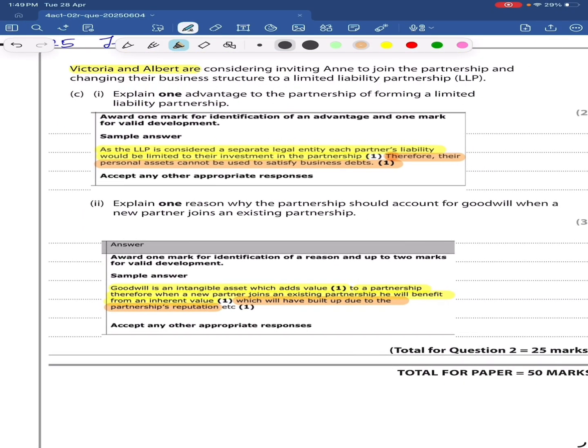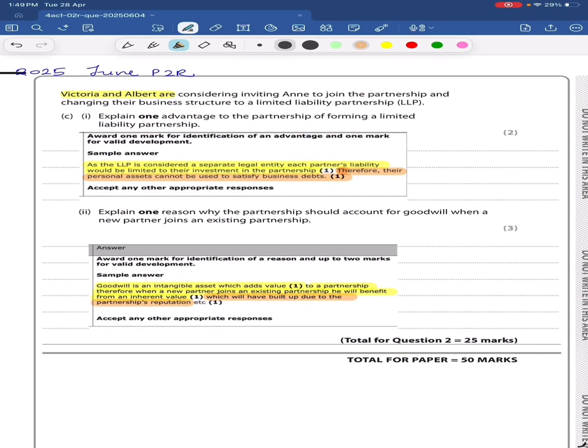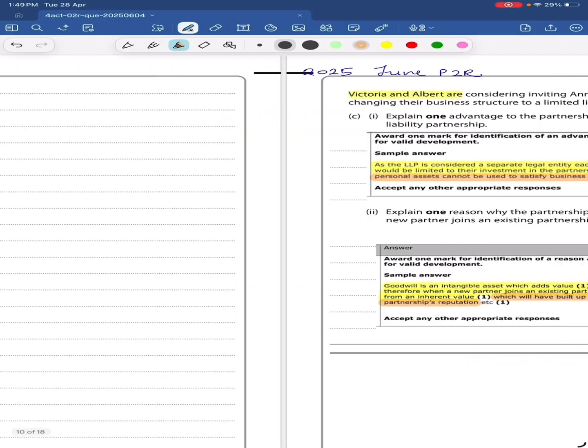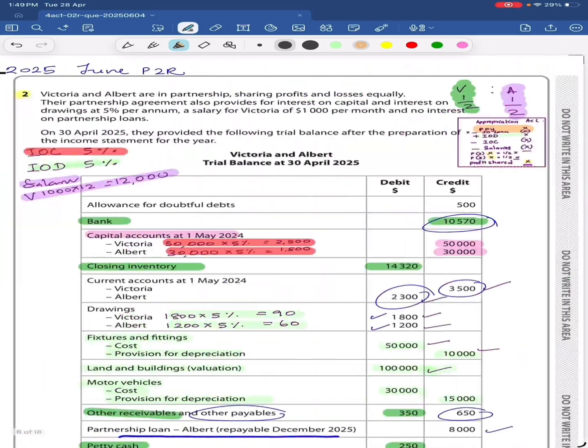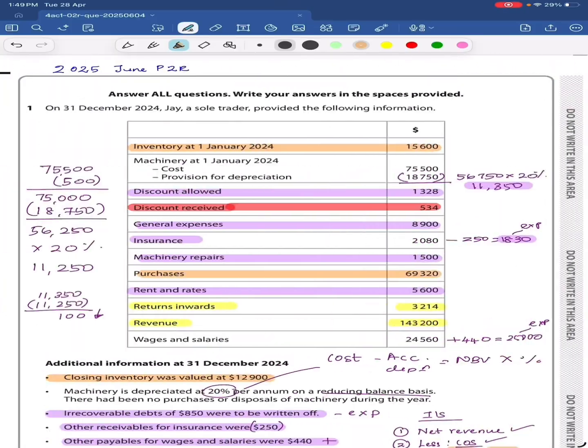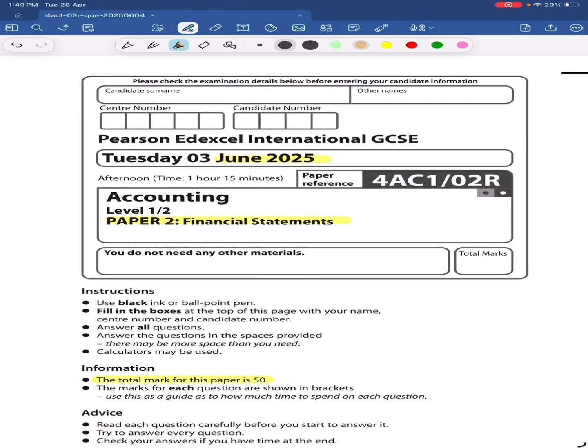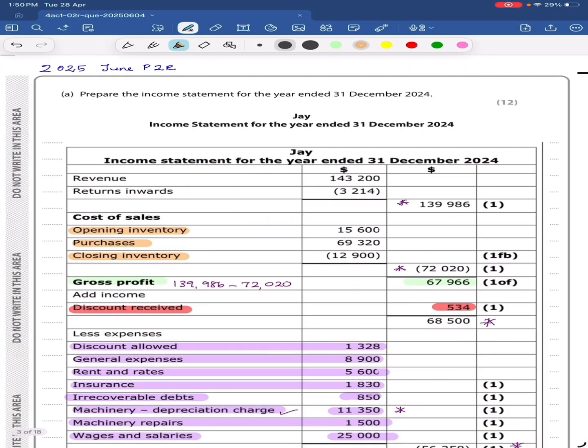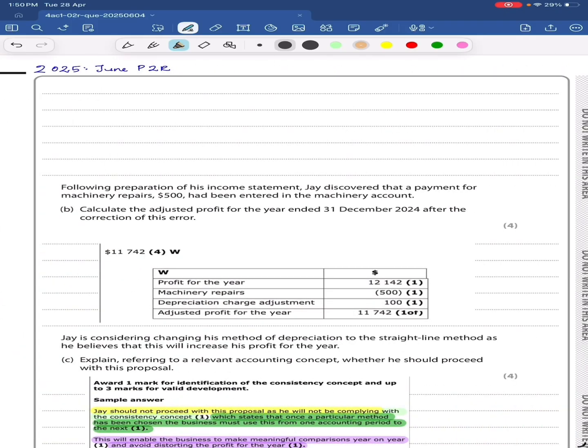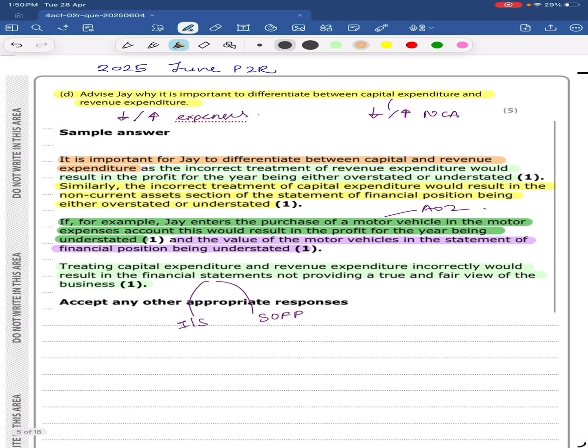So we have come to the end of this paper. To summarize, this is the 2025 June paper. Question 1 was on income statement, followed by some errors, and then an advice question for 5 marks on the difference between capital and revenue expenditure.